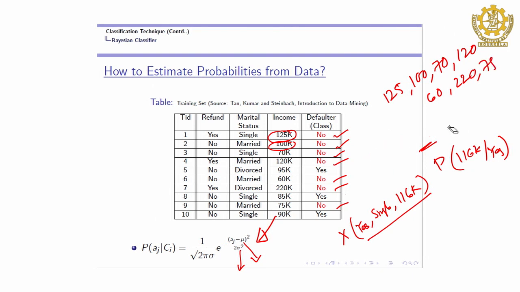All of these values belong to class No. For this one you compute the mean and then you compute the standard deviation.